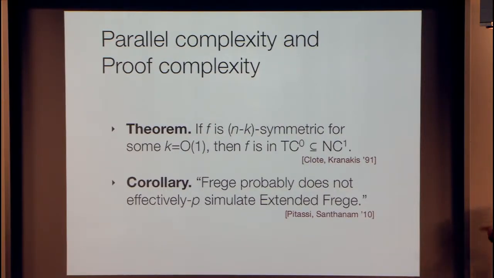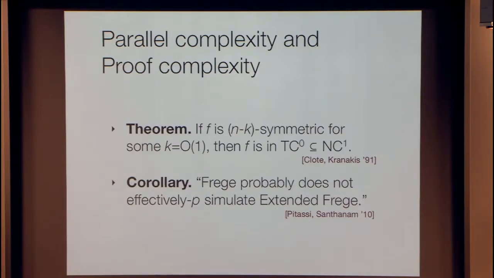Another reason I wanted to mention this beyond the parallel is just because it's actually very interesting. It has connections to other fields, including proof complexity, which I don't know well, so I'm putting in quotes what I think is the main result here. But from what I understand, Pitassi and Santhanam had a new model of effectively p-simulations for proof systems.